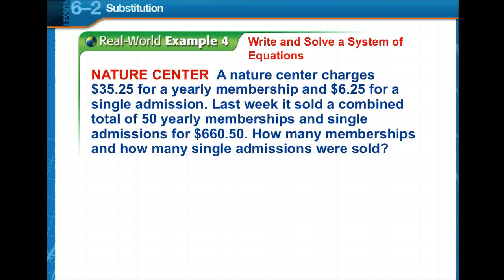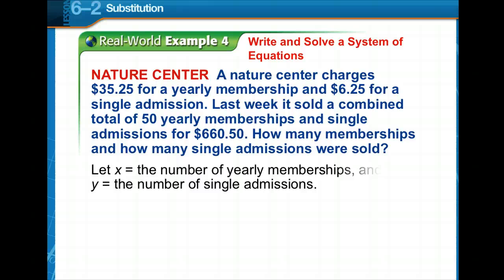Okay, now we're going to work a real-world problem. So let's read this for a moment. You can pause the video as you read. Okay, so we're going to let x equal the number of yearly memberships, and y is going to equal the number of single admissions.